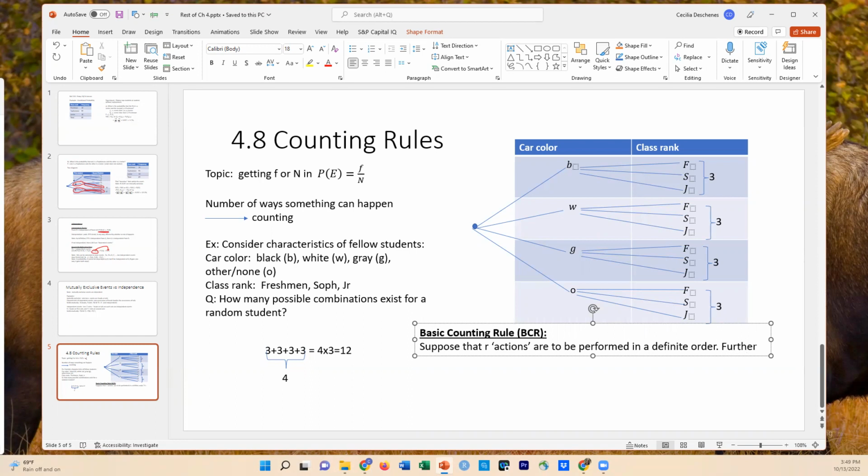Furthermore, suppose there are M1 possible outcomes for the first action, M2 possible outcomes for the second action, etc.